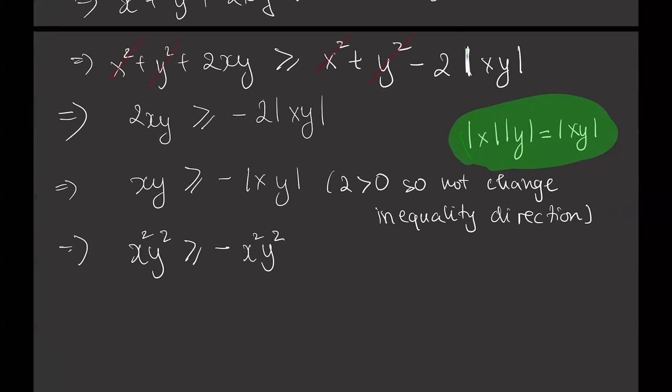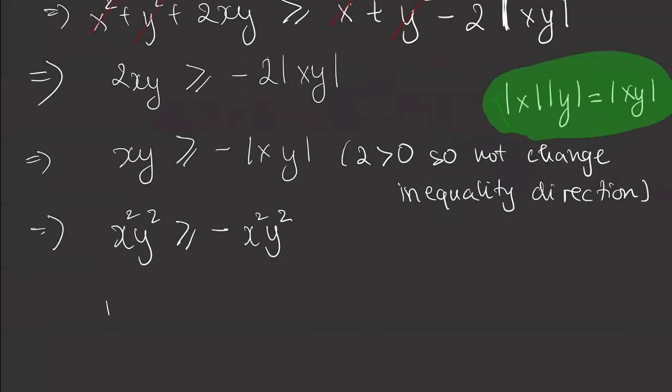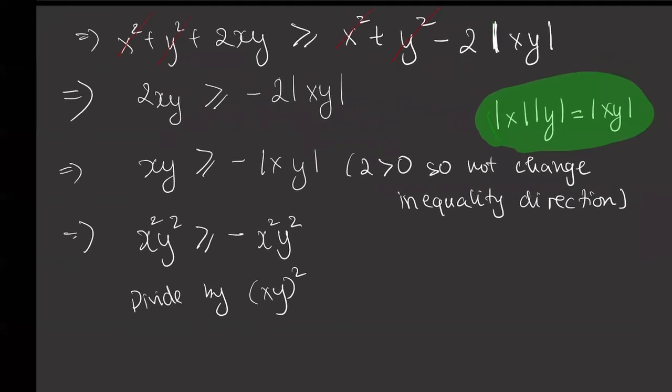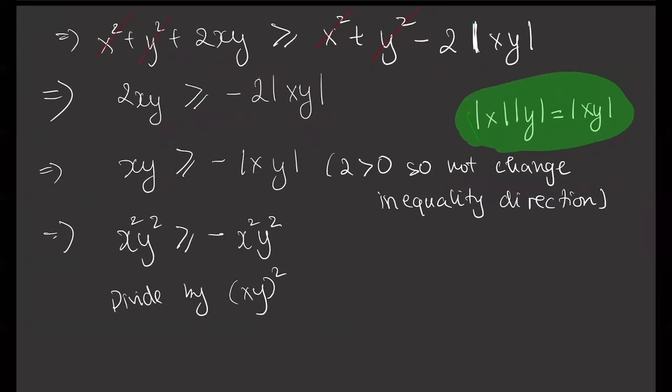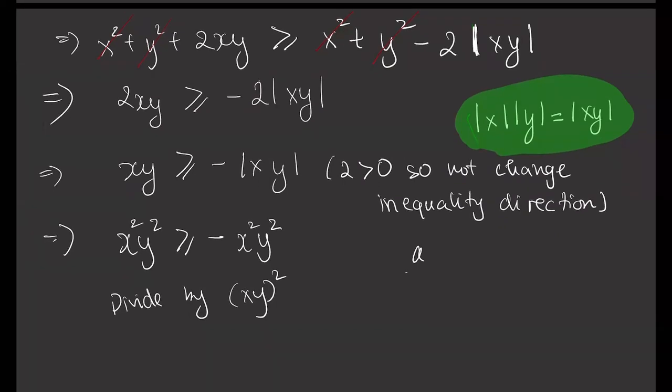Okay, I will come back to that, but I want to talk about the divide option here. If you want to divide by xy squared, before you divide anything, you have to think whether it is 0 because you cannot divide by 0, right? You can't have a number like this, so we don't want it.